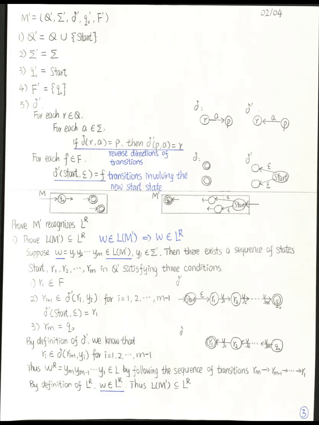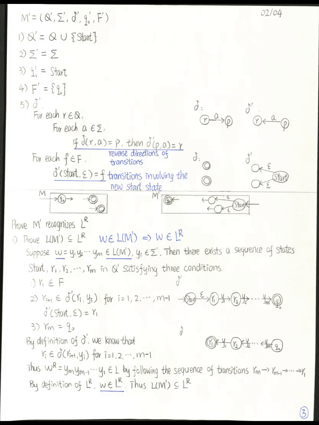Each symbol is a symbol in the alphabet. Alright, by definition, w is in L(M'). By definition, this w should be accepted by this M'. So that means there exists a sequence of states, start, r1, r2, ..., rm in Q' that satisfies these three conditions.